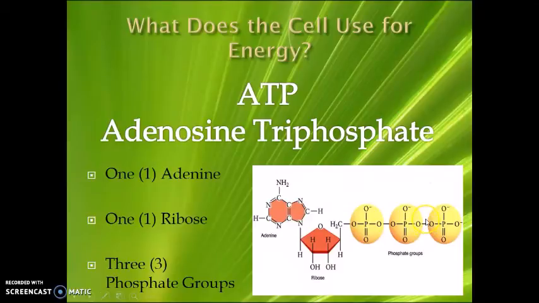This bond, when it is broken, releases a huge amount of energy that the cell can use to either build a protein, move one of those transport proteins to open up and let something in, or one of those proteins that walk along the cytoskeleton. It can power one of those, whatever it needs. But that's where the energy is stored, right there in that bond between phosphate number 2 and phosphate number 3. That's where all the energy is.